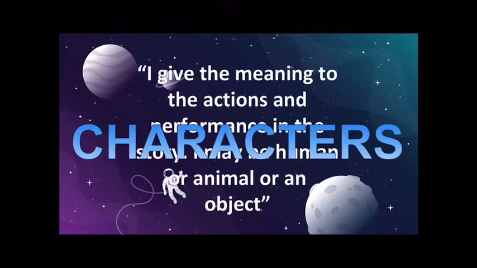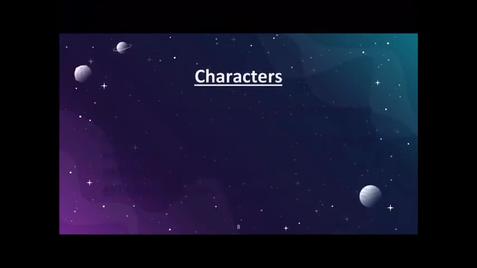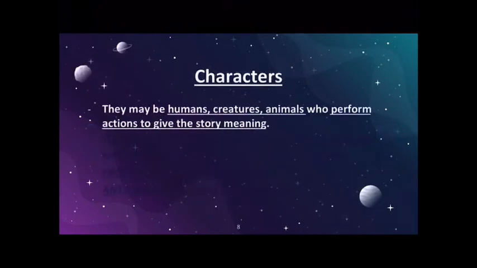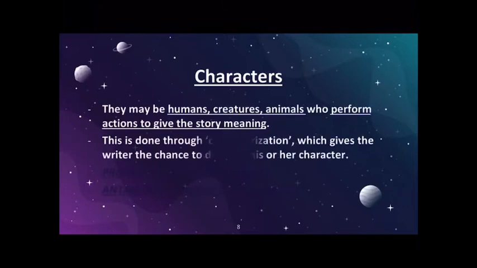Now, a character may be humans, creatures, animals, or anything, even things that are given life. They are performers or the ones who perform the actions to give the story meaning. This is done through characterization, which gives the writer the chance to describe his or her character.